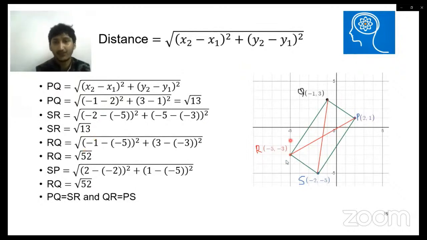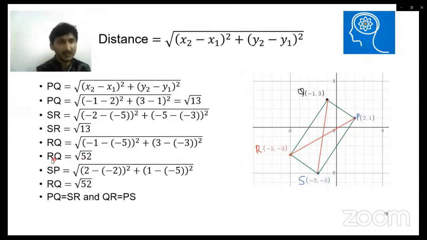Next, we will go for RQ and SP. For finding out the length of RQ, we will use the same distance formula. That is equal to under root -1 minus in bracket -5 whole square plus 3 minus in bracket -3 whole square. That comes out to be under root 52.